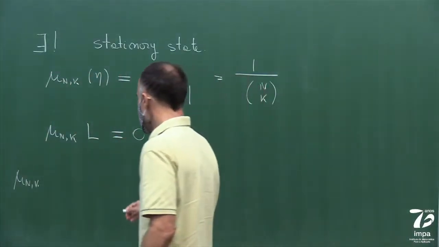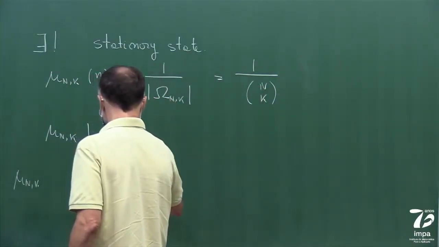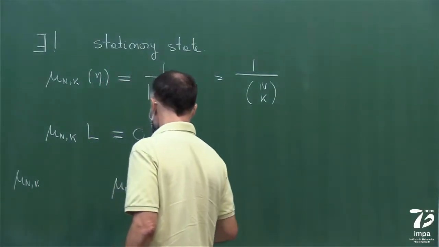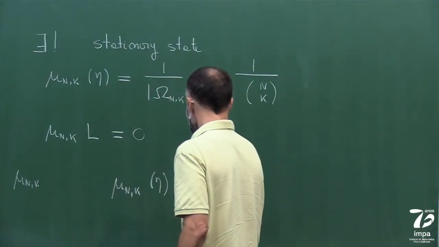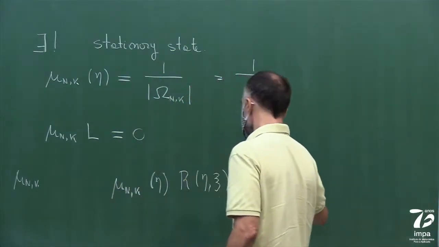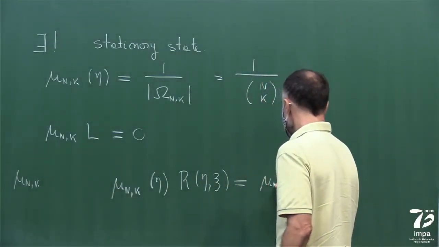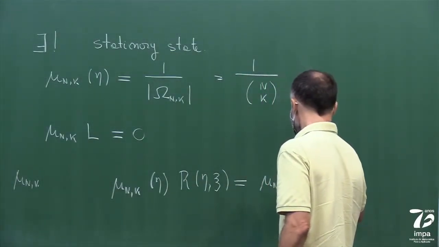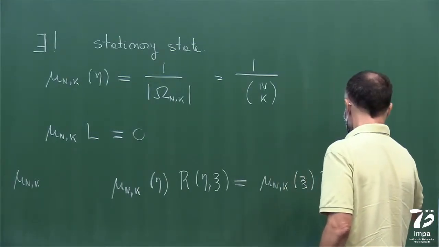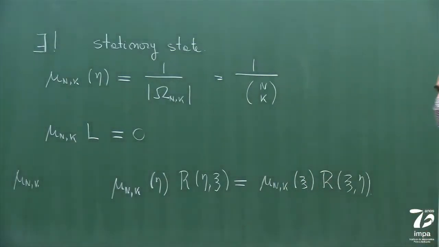The detailed balance condition tells me that what I have to show is that mu_{n,k}(eta) times the rate at which I jump from eta to psi is equal to mu_{n,k}(psi) times the rate at which I jump from psi to eta. Right?